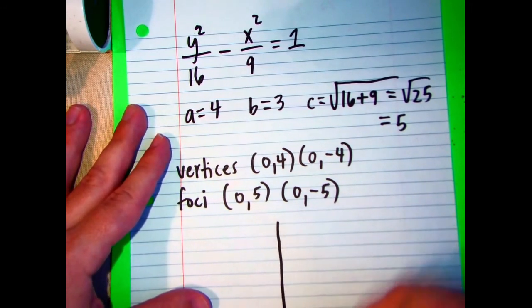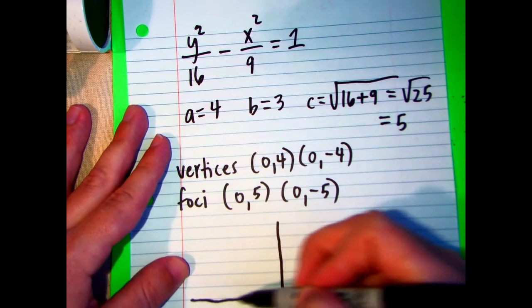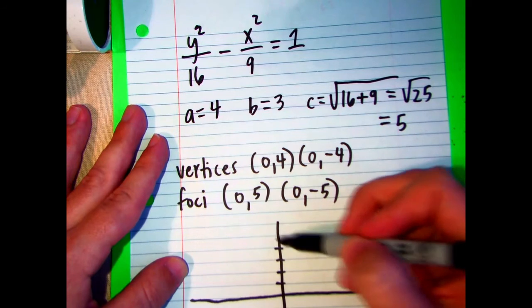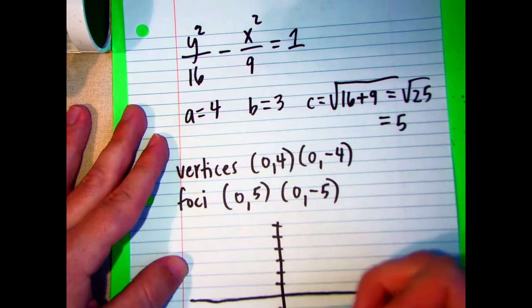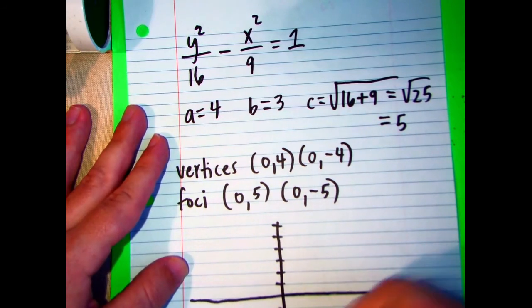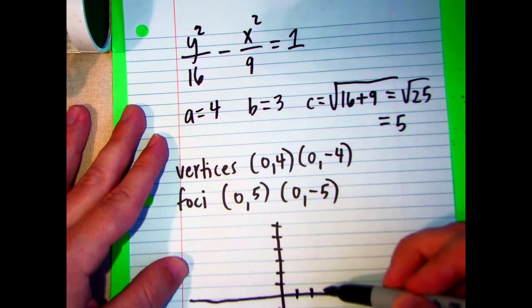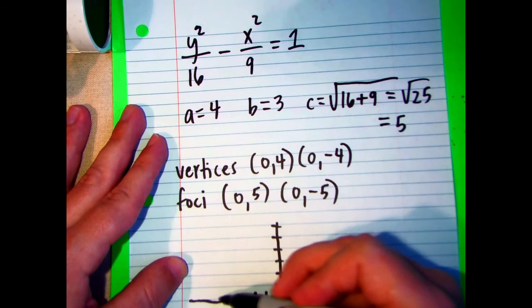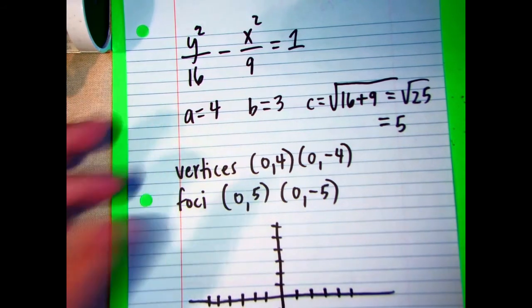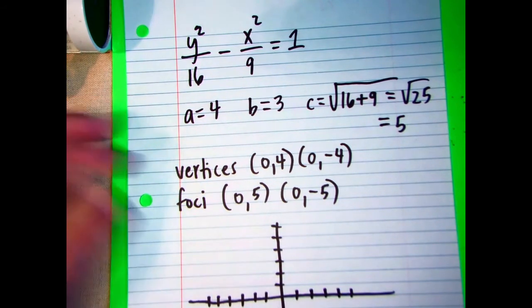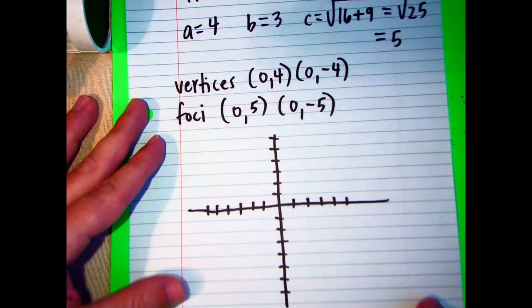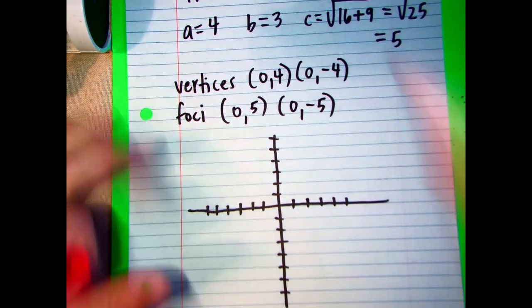I'm going to get my axes set up here. And I'm going to start with my rectangle. So if you remember in the notes that I just gave you, since y squared is first, the width of the rectangle is 2b and the height is 2a.